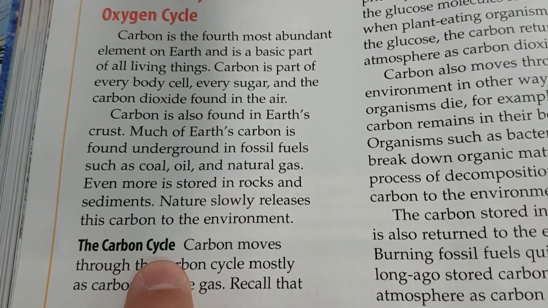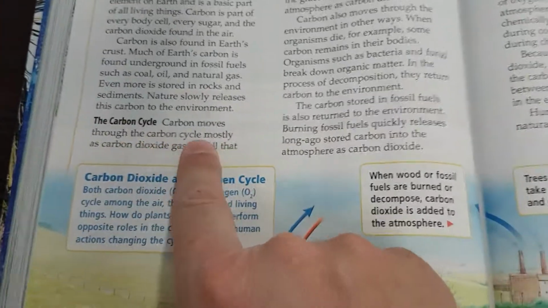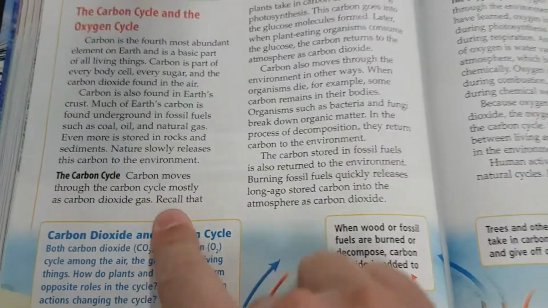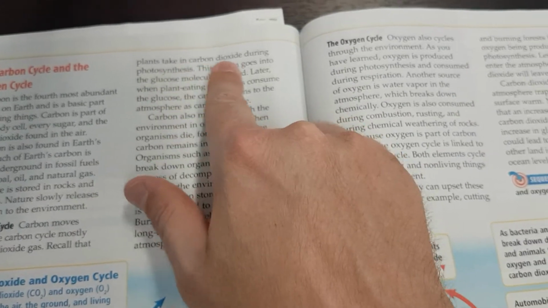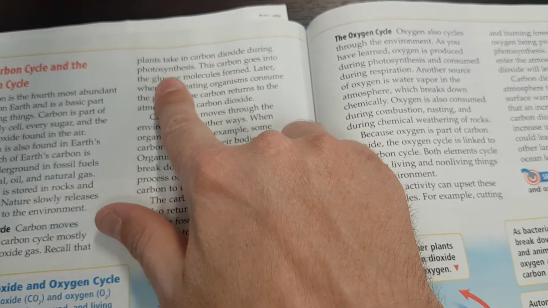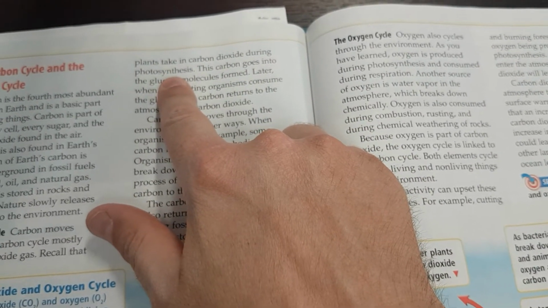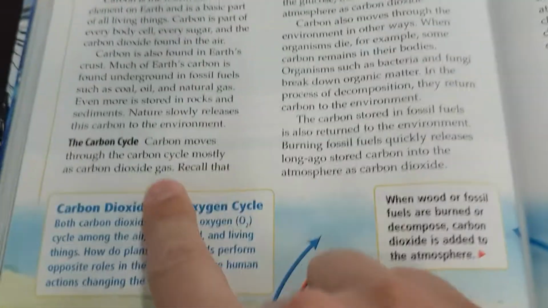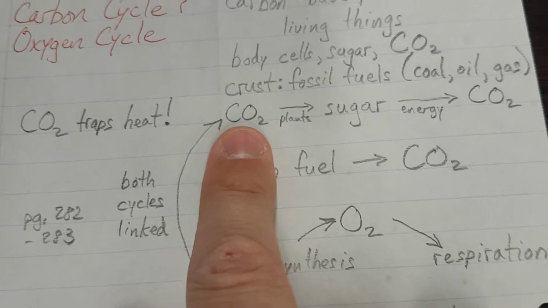The carbon cycle. Carbon moves through the carbon cycle mostly as carbon dioxide gas. Recall that plants take in carbon dioxide during photosynthesis. This carbon goes into the glucose molecules formed. Okay, so carbon dioxide, CO2.